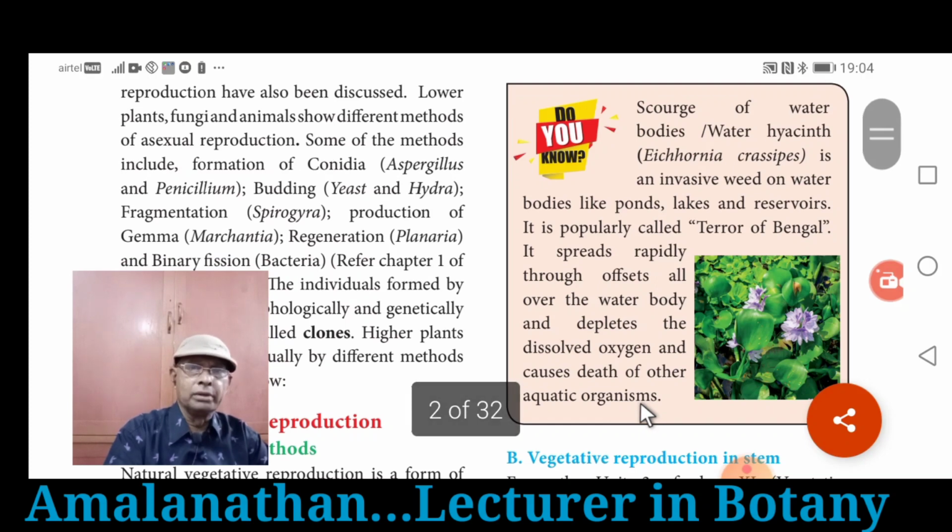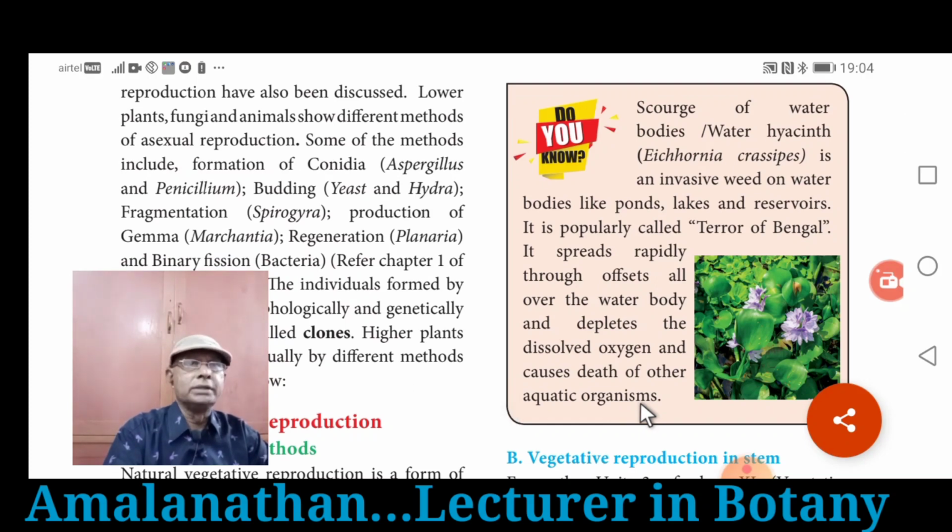They are produced externally, and each conidium, when it falls on a moist suitable substratum, germinates into a new organism. Second, by budding. For example, in yeast and hydra, a number of bud-like structures are produced from the parent, and each one detaches from the parent and produces a new organism.